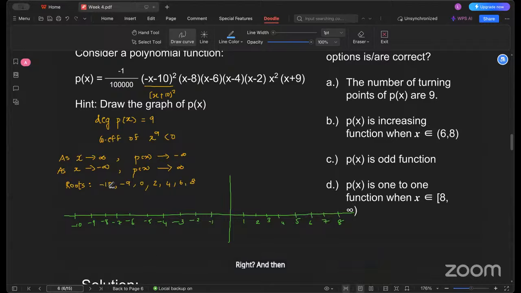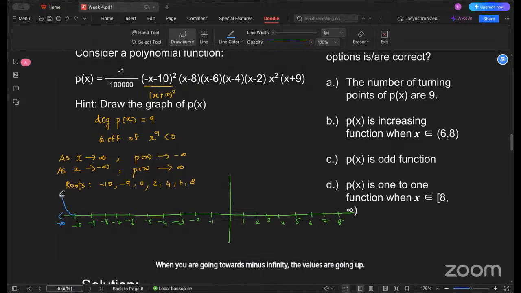And then at minus 10 it should touch the x-axis, right? So should we come from above to minus 10 or from below? From above, because the graph is going up towards minus infinity.